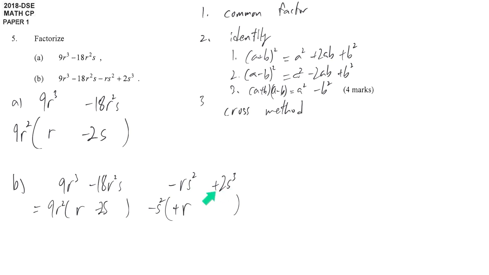And then this term, positive 2 divided by negative, we get negative 2. S power of 3 divided by S power of 2, still S power of 1 is left. And then usually the first positive, we don't write that down. Also power of 1, we usually do not write down power of 1 here.